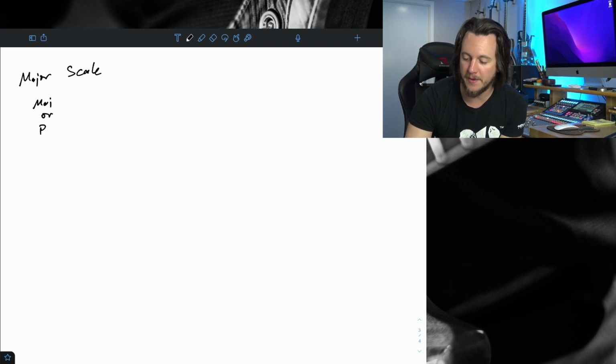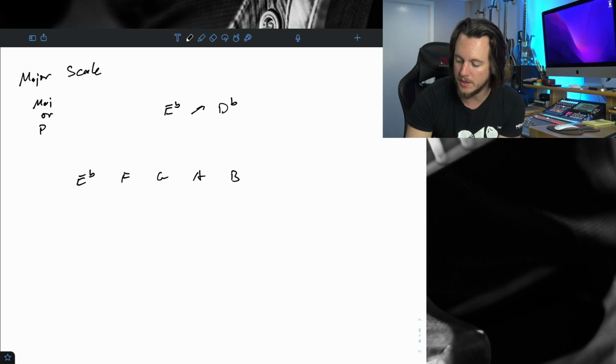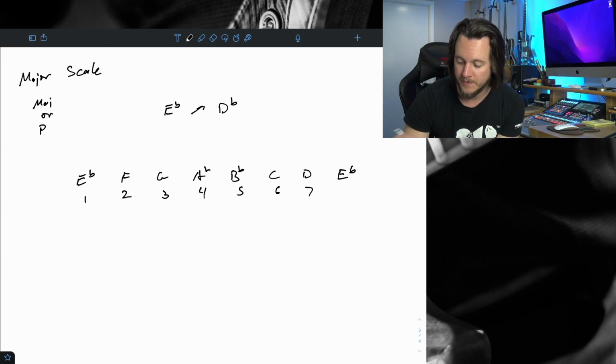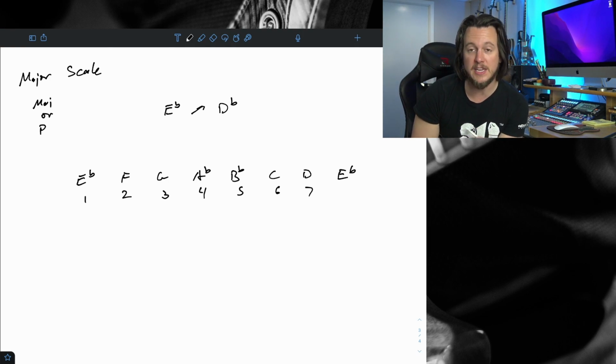Let's do E flat to D flat. Okay? So let's just write our notes: E flat, F, G, A, B, C, D, and then E, we'll just make it flat again. It is the 1, 2, 3, 4, 5, 6, 7th note. D falls on the 7th note, and let's fill in the gaps with our E flat major scale, which has a B flat and an A flat as well as our E flat.